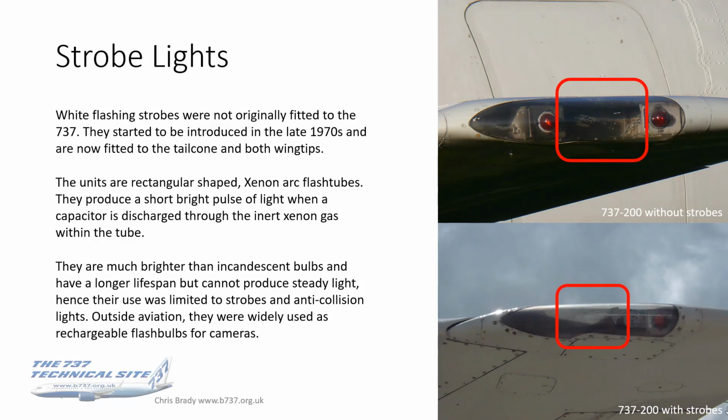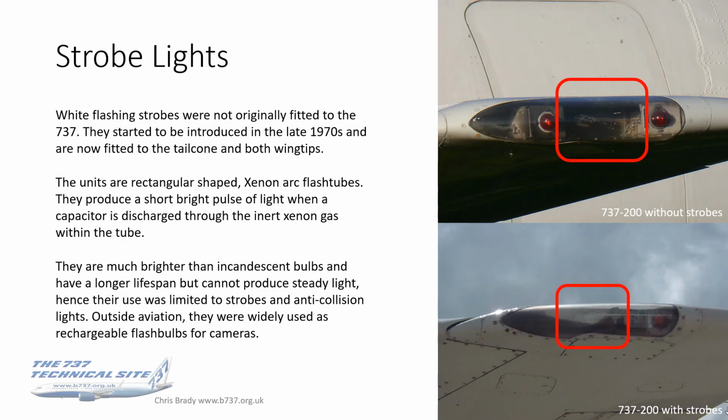These are rectangular shaped xenon arc flash tubes, and they make a very short but very, very bright pulse of light when a capacitor is discharged through the xenon gas within the tube. They're way brighter than incandescent bulbs, and they've got a longer lifespan. The only drawback is that they can't produce steady light. Hence, their use is limited to strobes and latterly anti-collision lights.